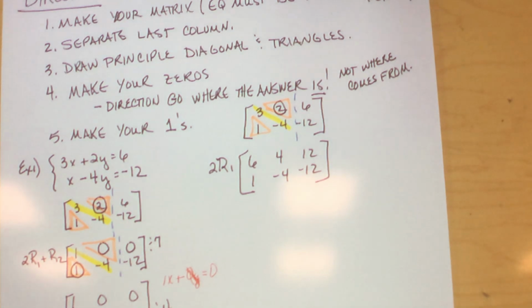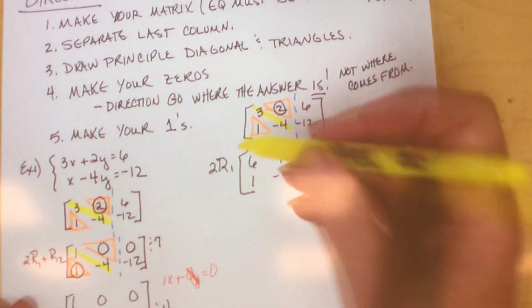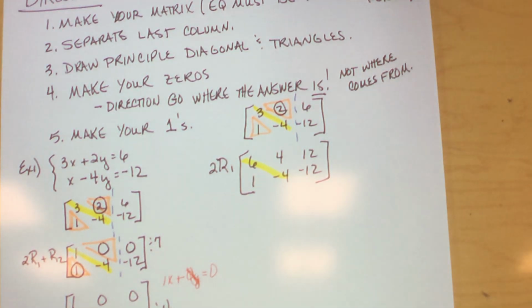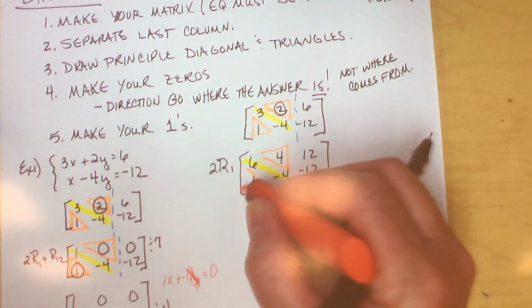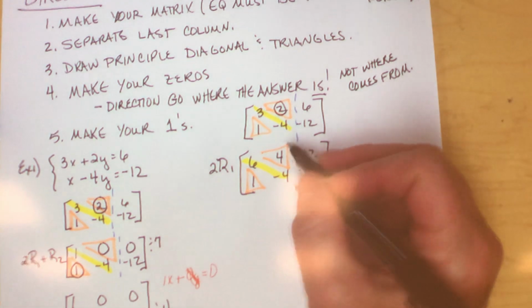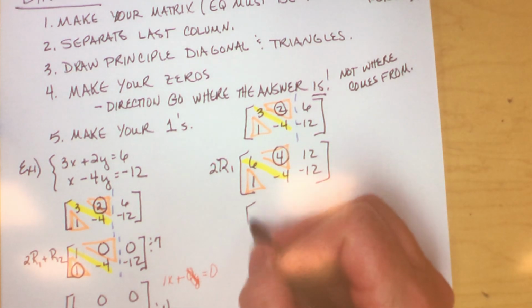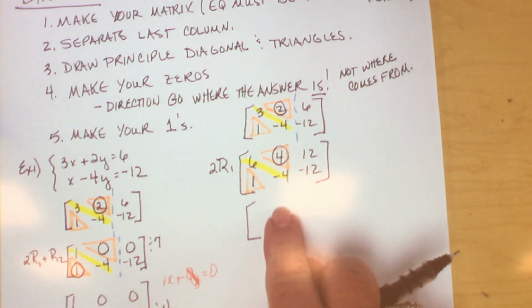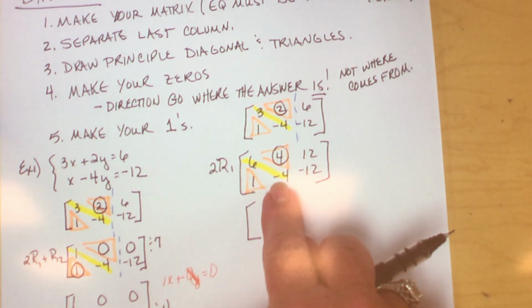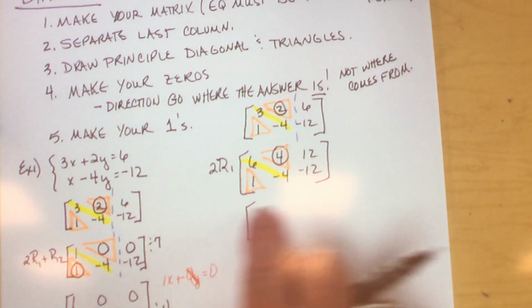Are you with me? Okay, so here's my diagonal, and here are my triangles. Here's my 0. How am I gonna get it? Row 1 and row 2. That's all I'm gonna do. It goes right here.